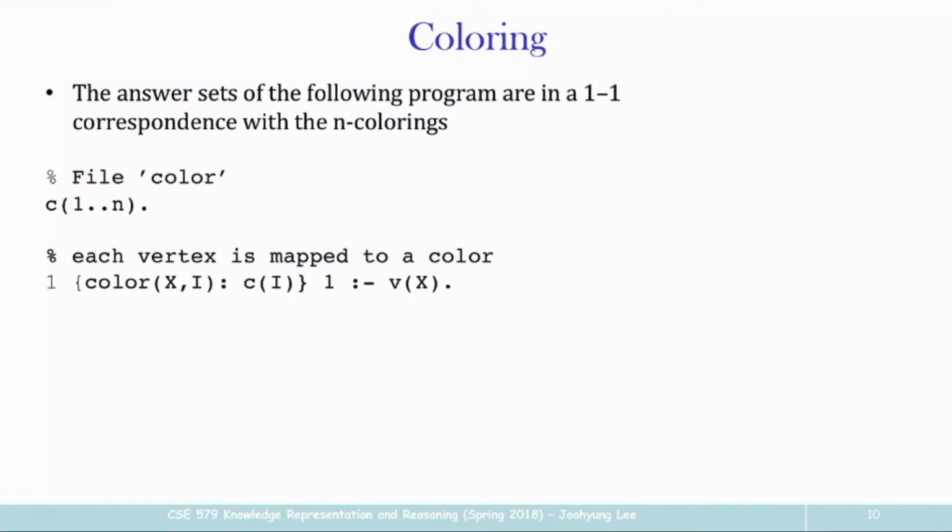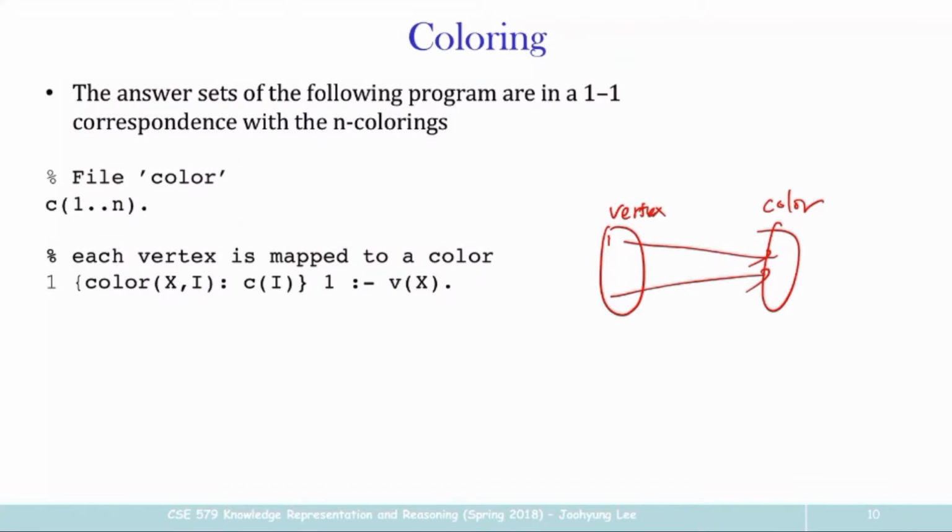The first is that each vertex is mapped to a color. It should now be familiar to you when you use this kind of construct. What is the global variable here? X. What is the local variable? So each vertex is mapped to a color. Here is a set of vertices and a set of colors, and you are defining a mapping.